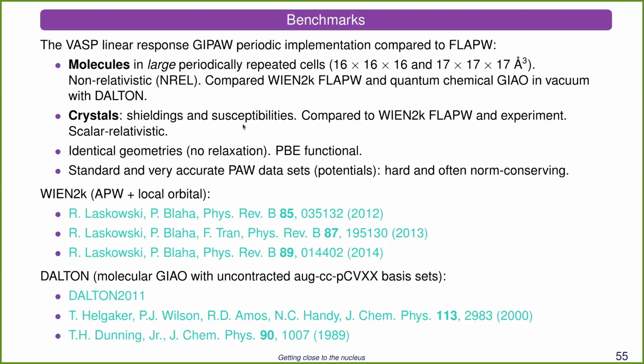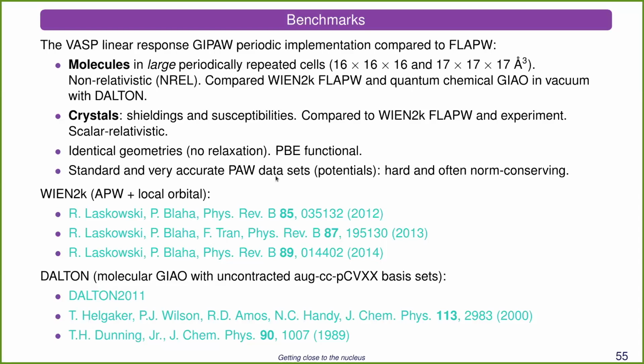For the crystals, we didn't do that, but for the crystals, you see shieldings and susceptibilities. Magnetic susceptibilities are needed when you have to account for the shape of the crystal, for the surface currents that flow and give small contributions to the shieldings. Okay, we never relax geometry so that everything becomes really comparable.